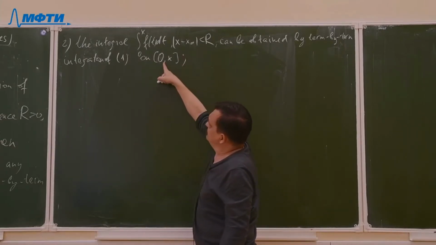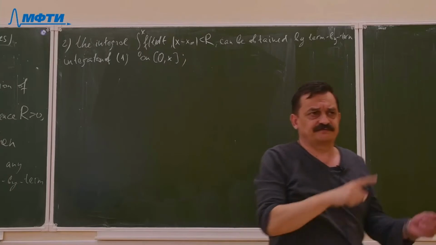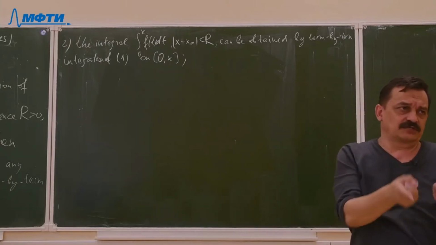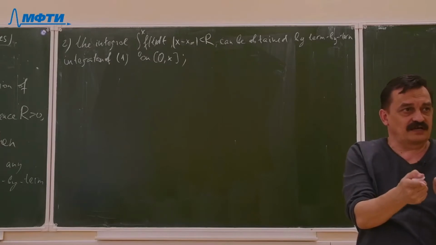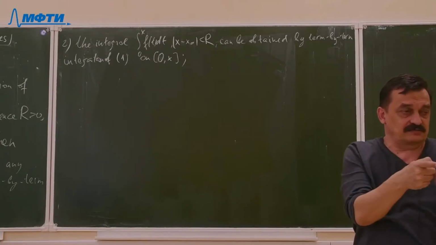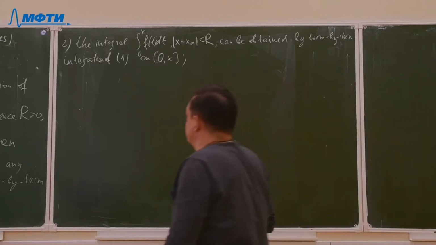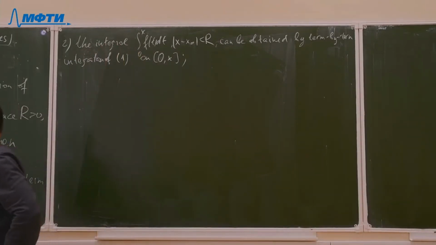Of course, here for x negative, it's better to remember our agreement to change. If x is negative, then instead of 0x, it's better to consider x 0, right? And the integral should be taken with minus.